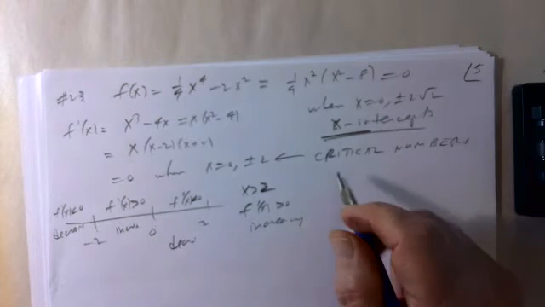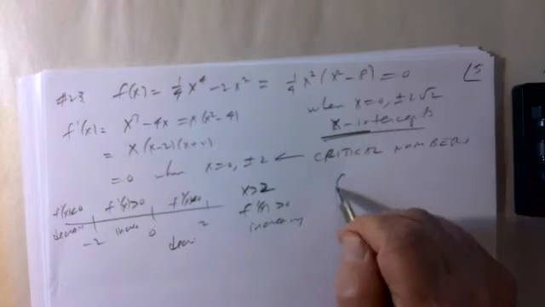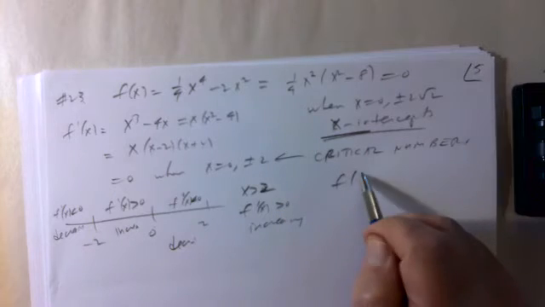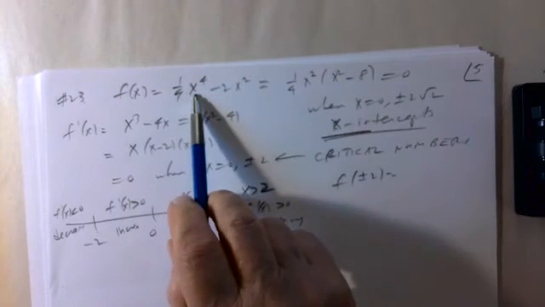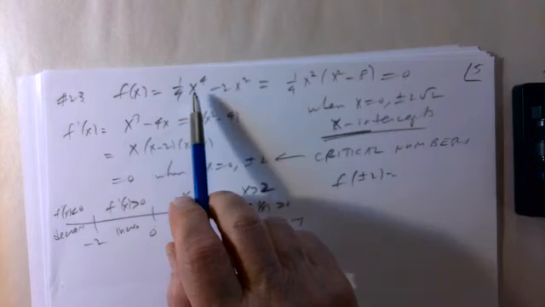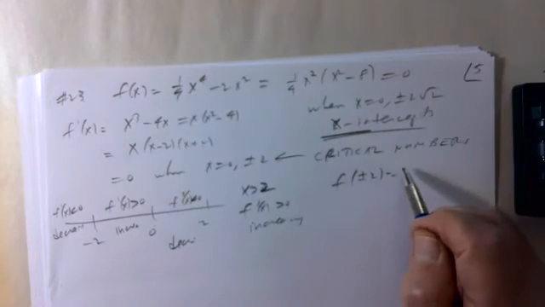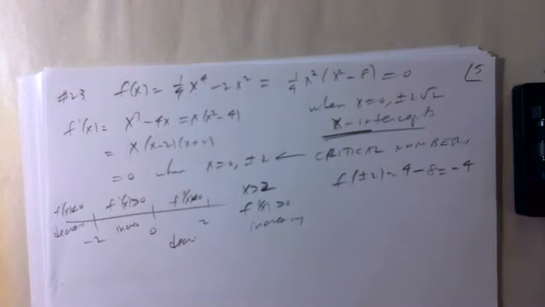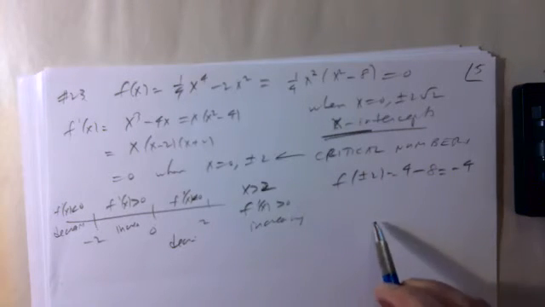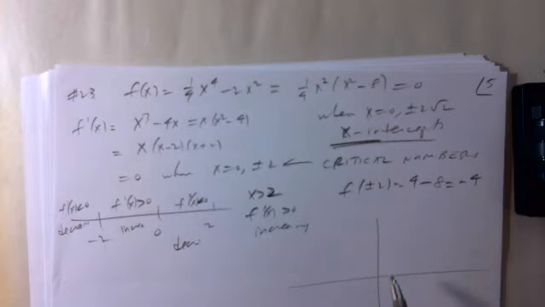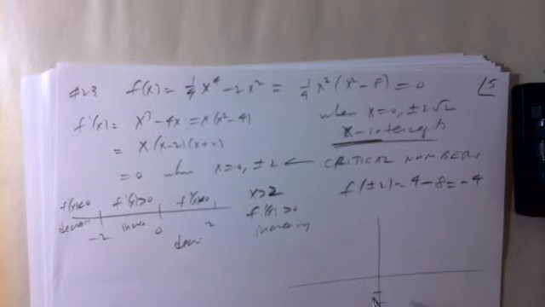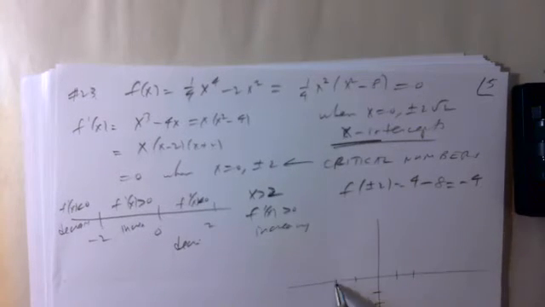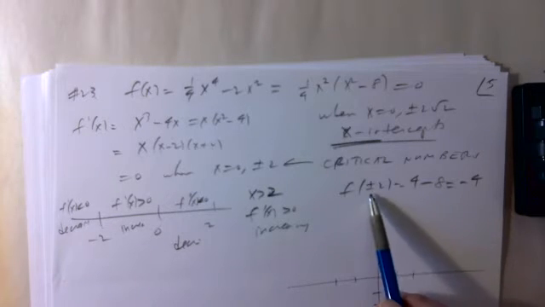And because it's interesting to know, what is the value of the function at plus or minus 2? 2 to the fourth, 16 over 4 is 4, minus 8 is minus 4. So when we start to get an idea of what the function looks like, it has a relative minima or maxima at the points, let's see.